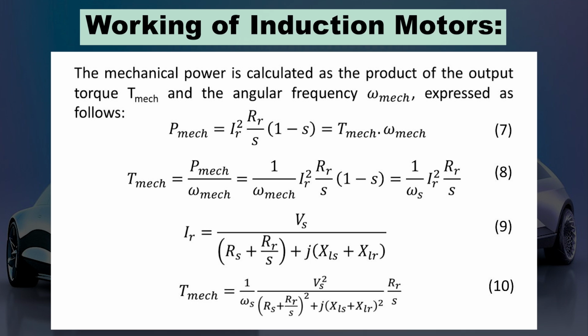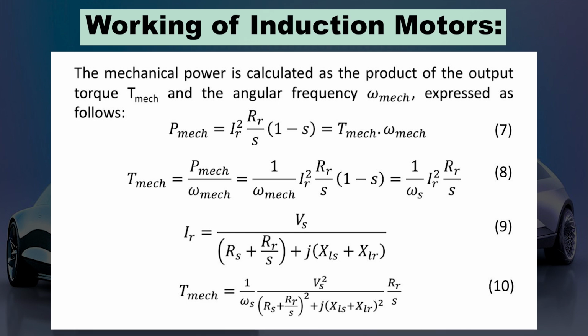This mechanical output power is equal to the output torque T mech times the angular speed omega m. So P mechanical is equal to T mechanical into omega m. Therefore T mechanical is equal to mechanical power output by omega m.